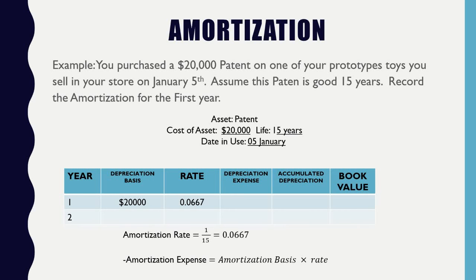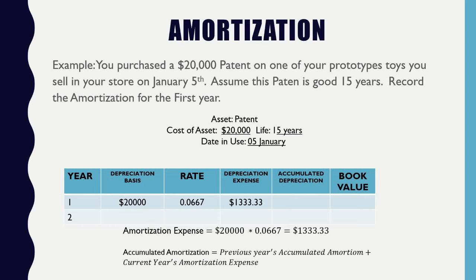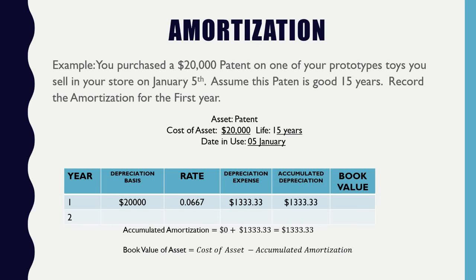I got 1,333.33. Good. So that means every year that I'm going to amortize this asset, it's going to be $1,333.33.